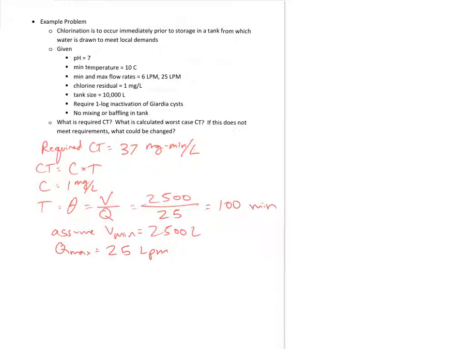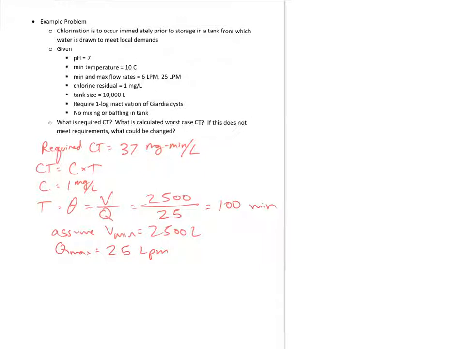Because our residence time is our average amount of time that's spent in the tank, but some of the water comes into the tank and exits quicker, and some of the water comes in the tank and sticks around longer. The only way that we would have all of the water sticking around for the entire residence time is if we had perfect plug flow.